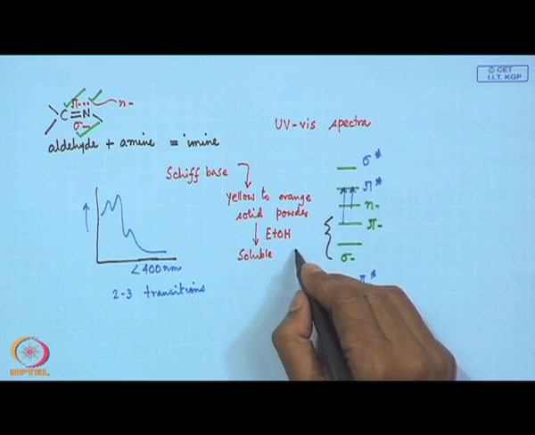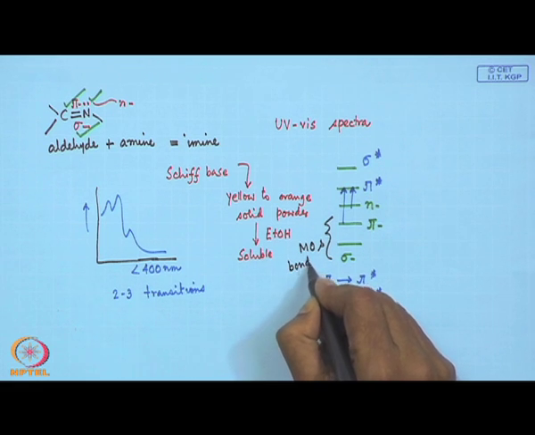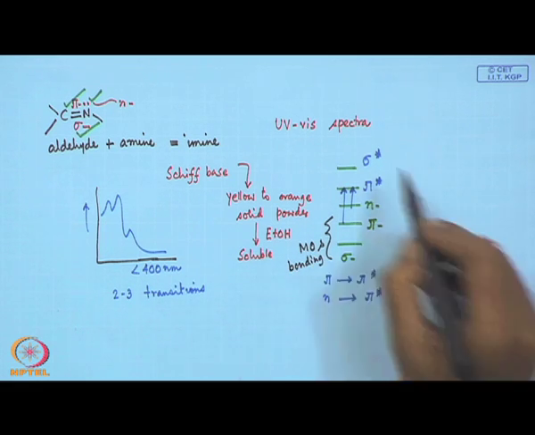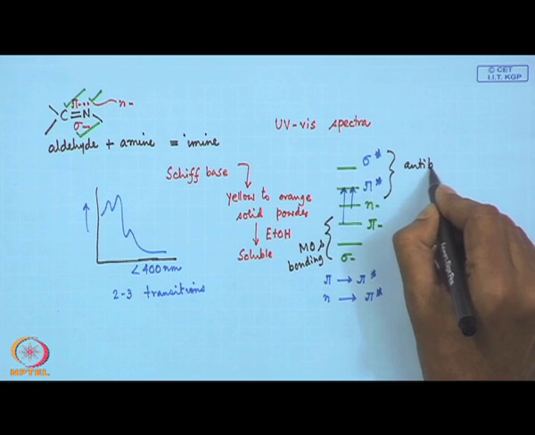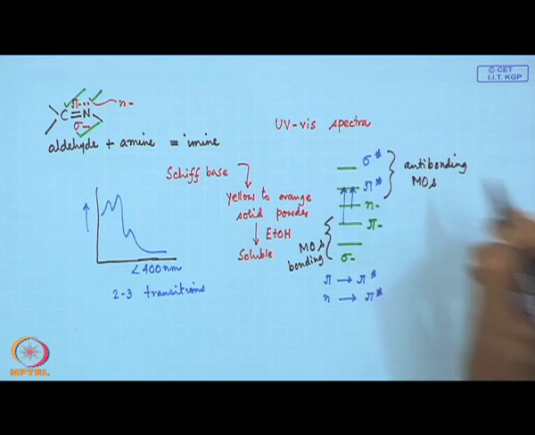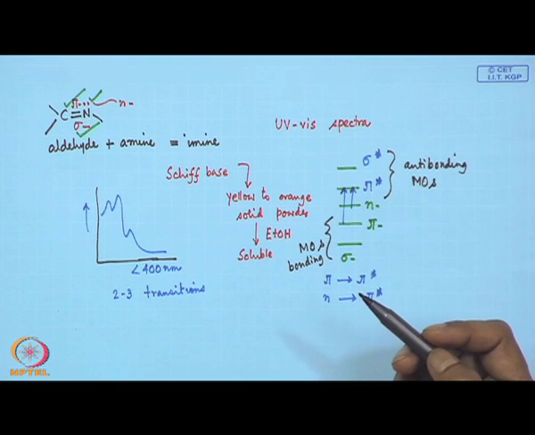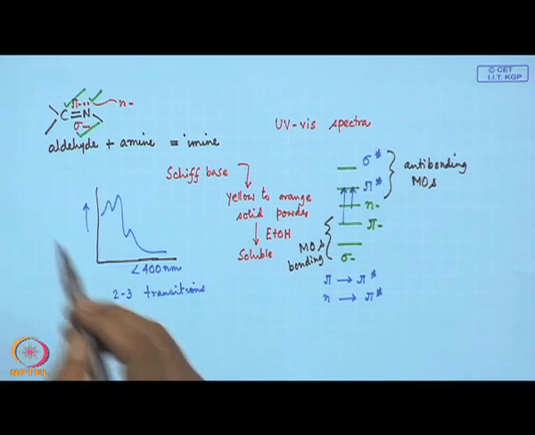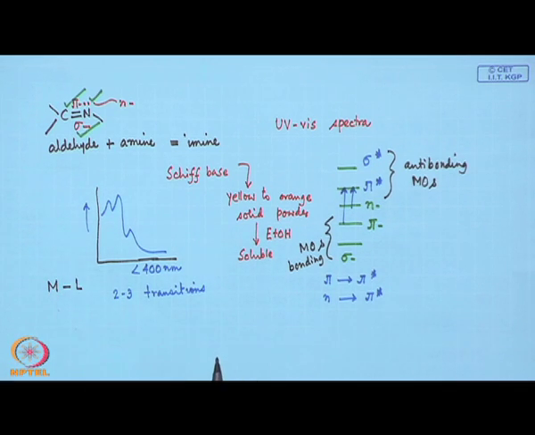These are the corresponding bonding molecular orbitals, and we have the corresponding antibonding molecular orbitals also. The same sort of ordering we will see during the interaction, only now, instead of carbon nitrogen bond formation, we have metal ligand interaction, and sometimes this metal ligand interaction can also be a multiple interaction.